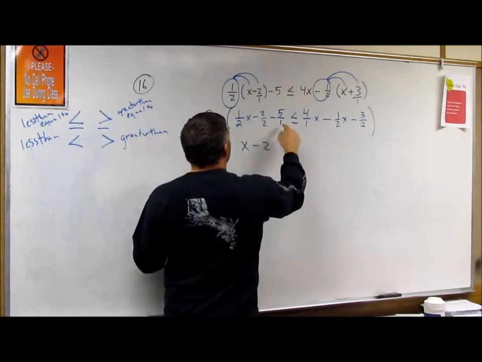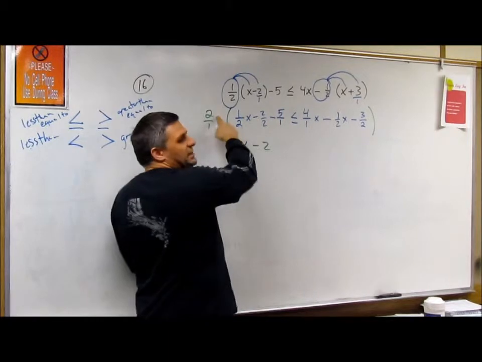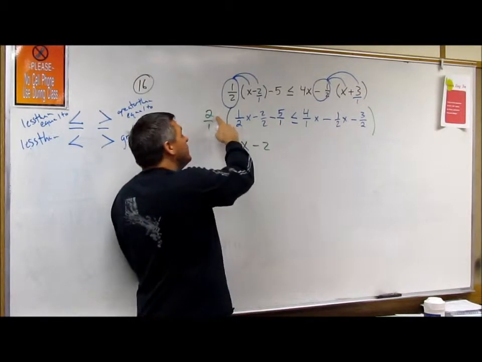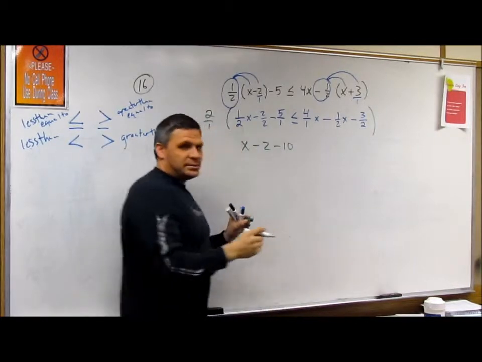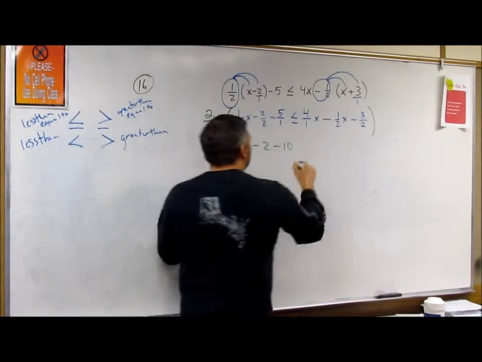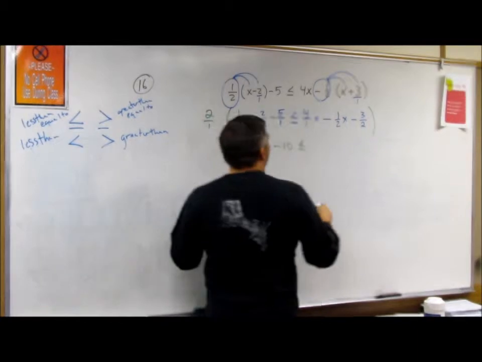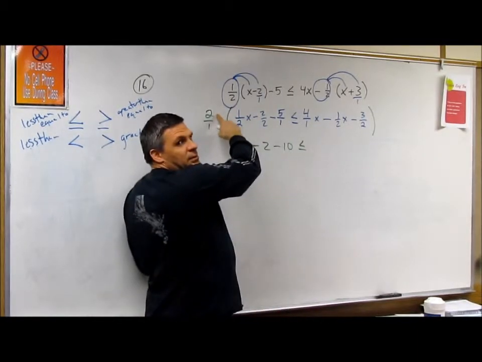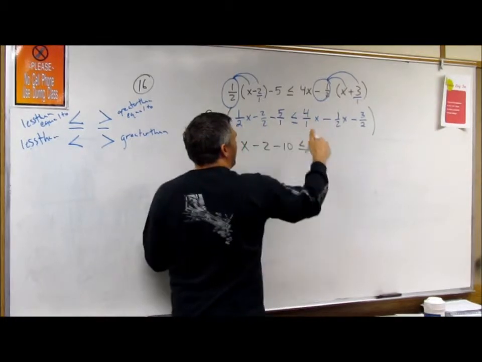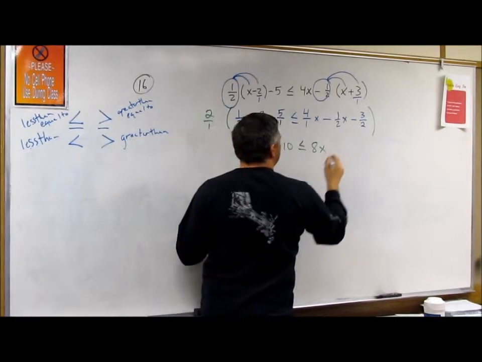In this case, 1 goes into 2 two times, so it's 2 times 5, which is 10. Now, in this case, 1 goes into 2 twice, so 2 times 4 is 8x.